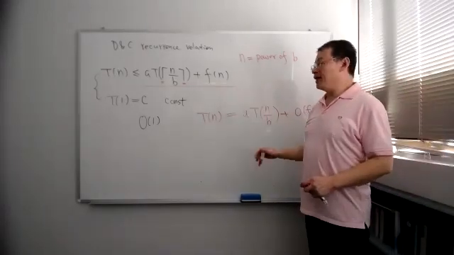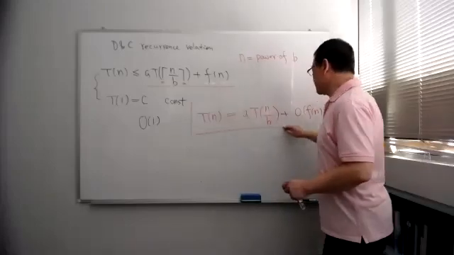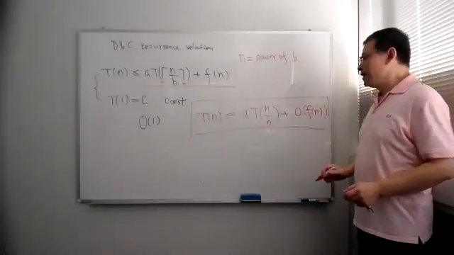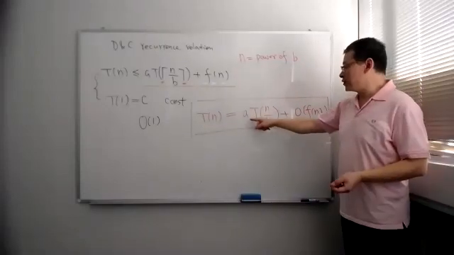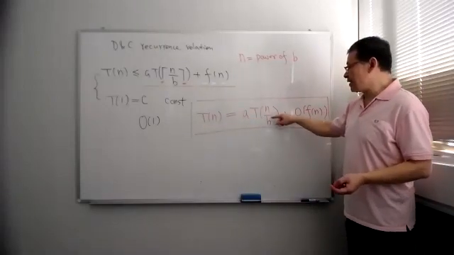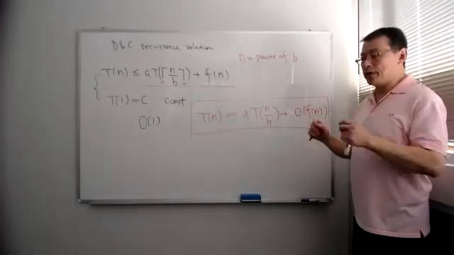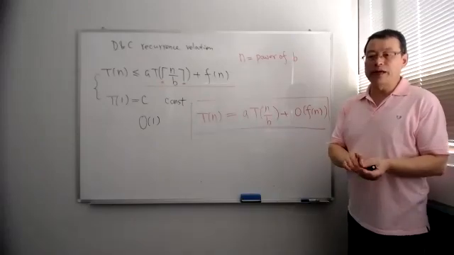Instead of this one, typically what we'll see is the following recurrence relation when we analyze running time of divide and conquer algorithms. So here we divide the problem into 8 parts, each of size n over b. Now there's some subtlety here.